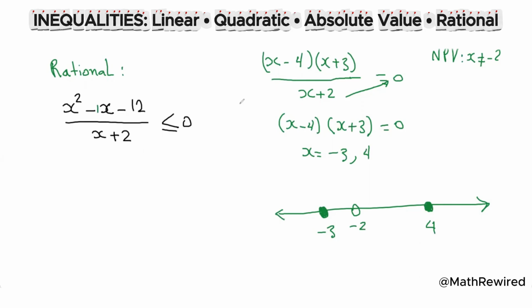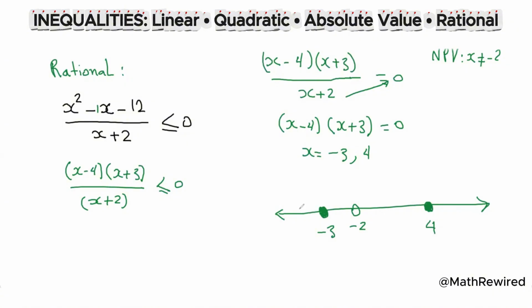When testing, use the (x - 4)(x + 3) over x + 2. It's easier to deal with the factored form because when you start subbing in numbers, it's easier to calculate. So we're going to use -4 here.